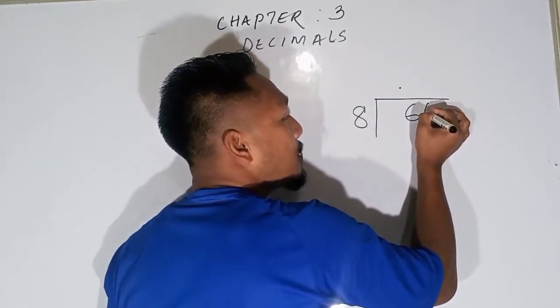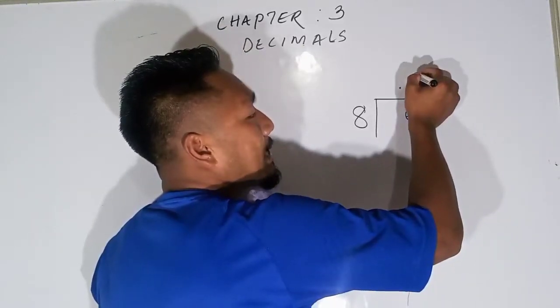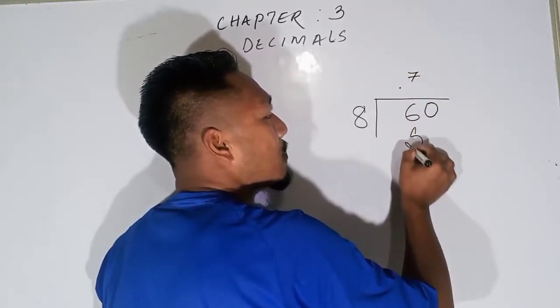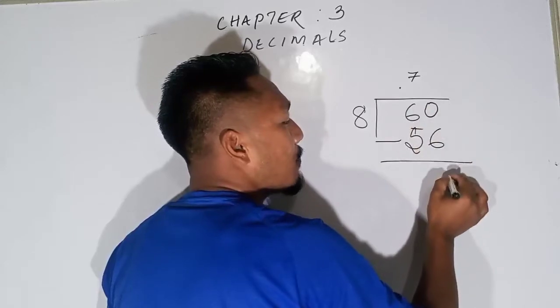If we put the point here, that means a 0 will be added here. So 8 7s are 56. Subtract it, what is it? 4.